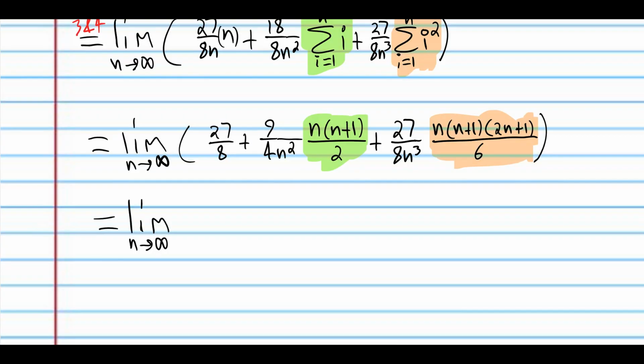Alright, so now we just have to simplify. So one of these n's cancels out, one of these n's cancels out. And we distribute the 9, so we have 9n plus 9 over 8n, it looks like.